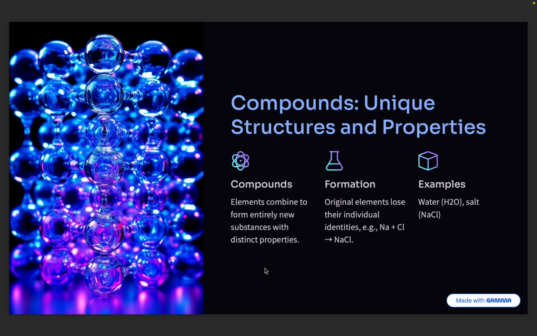But if we combine both of them, we get the salt that we eat. So the main definition of a compound is that if we combine the impurity and base metal, the resultant metal will show properties different from both the base metal and the impurity metal. I think, guys, you have understood what compounds are.